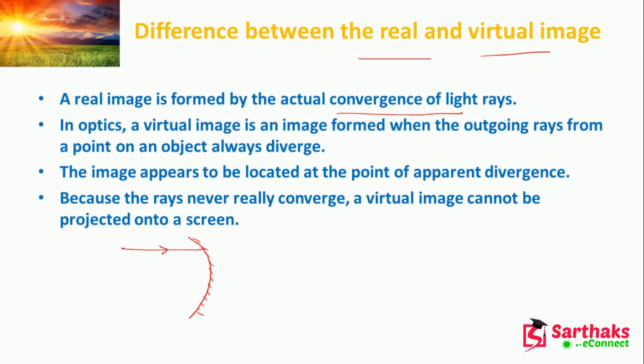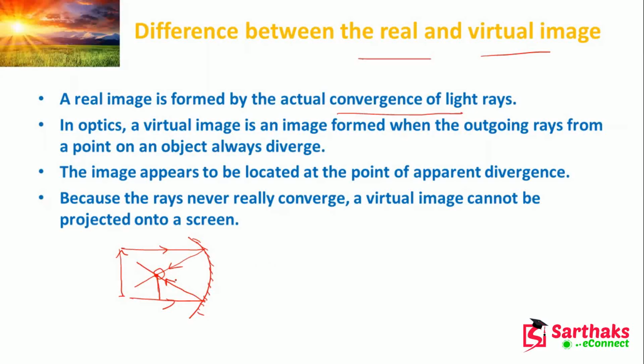Now, the parallel rays are coming and reflected back here. So at this point, suppose the image is this one. At this point, the image will be created. So this is the real image and this is called convergence. That means all the light rays that meet at one point, this is called convergence.